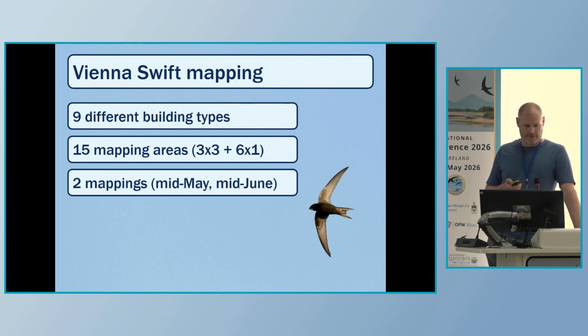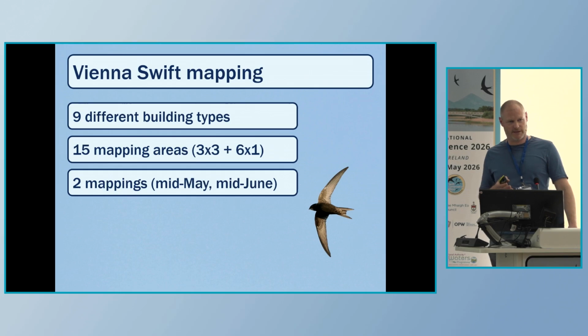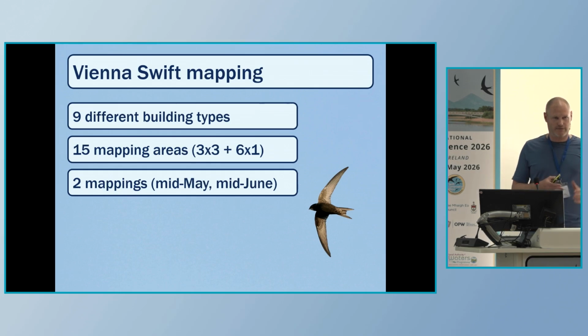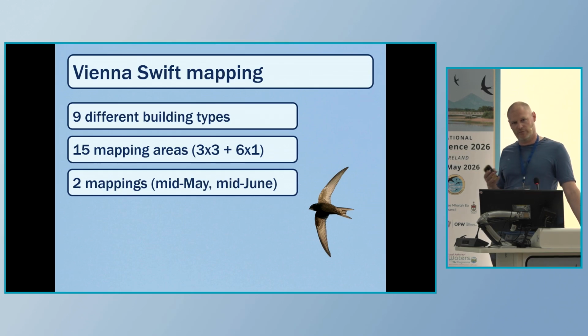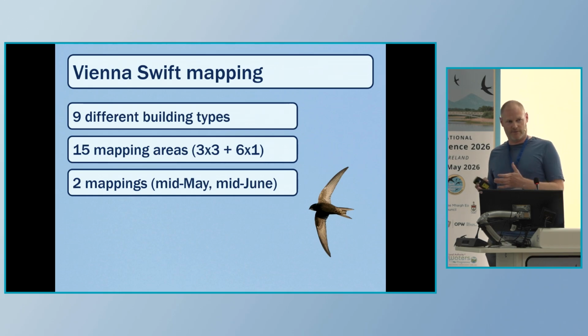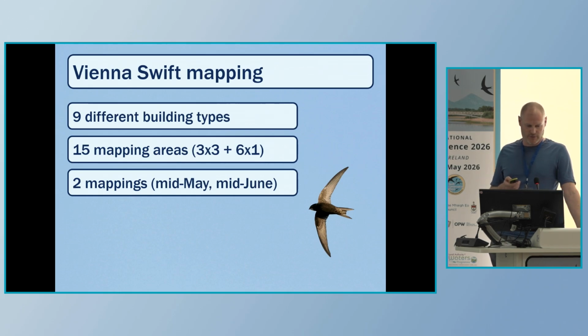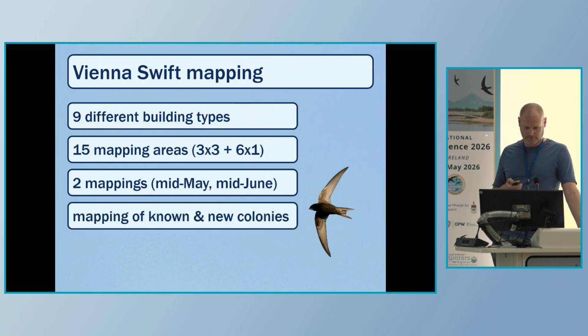We do 2 rounds of mappings, one in mid-May, we already did that, and the other one in mid-June. To also have a comparison: in mid-May, it is supposed that the non-breeders have not arrived yet, or very few, and in mid-June, the non-breeders should have arrived, so that you have your comparison from a time of the year without non-breeders and with non-breeders.